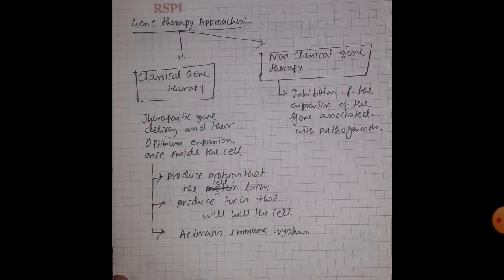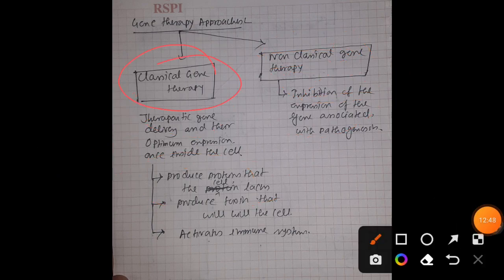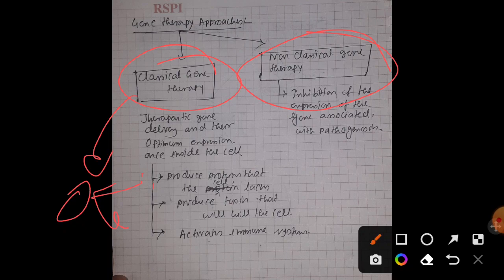That means in classical gene therapy we will get the protein that will do the job for us, and in non-classical gene therapy there will be inhibition of expression of a gene.